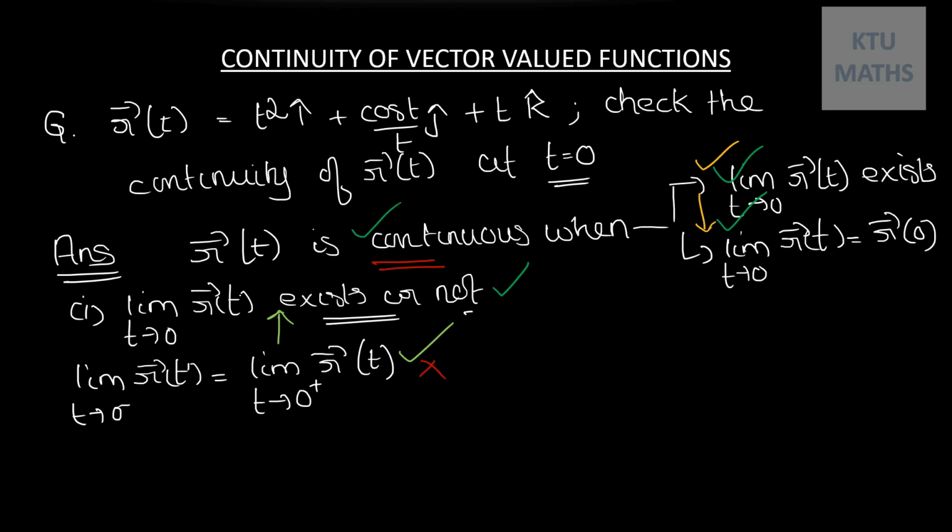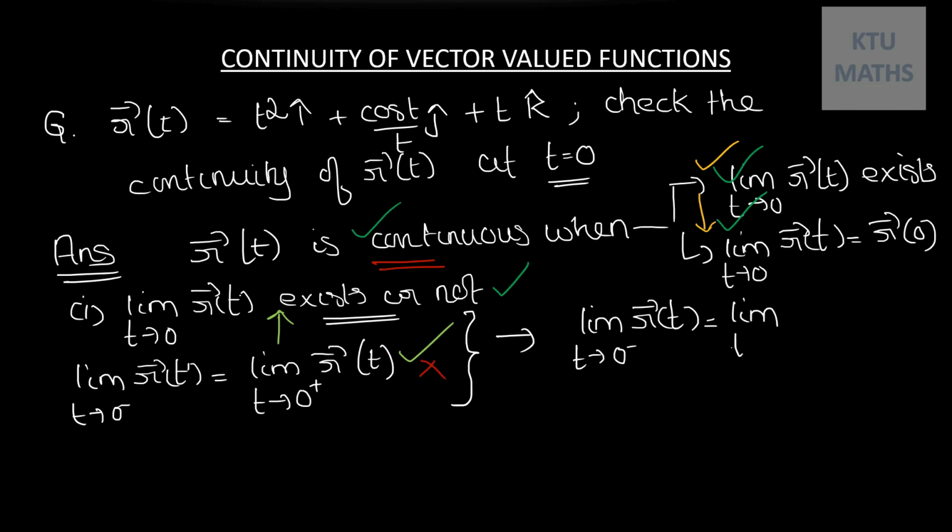Now we can check this one. First we can check left limit t tends to 0 r(t). In the former video, I told you that we can find the limit of a vector valued function by taking the limits of its component functions. I am going to do it here.